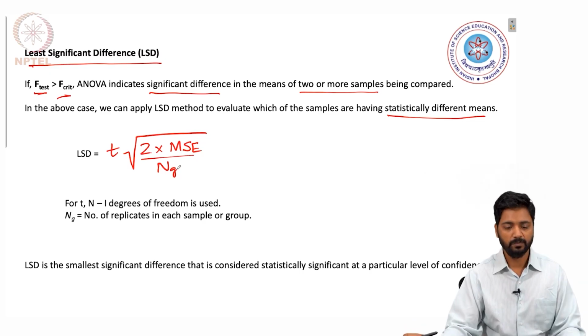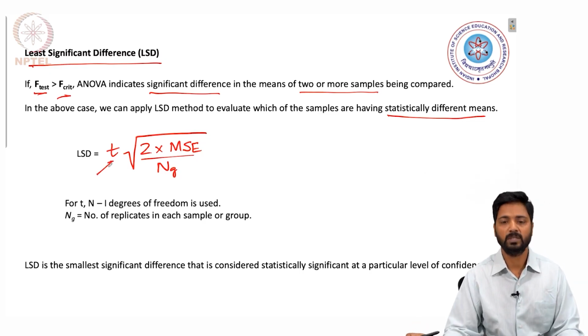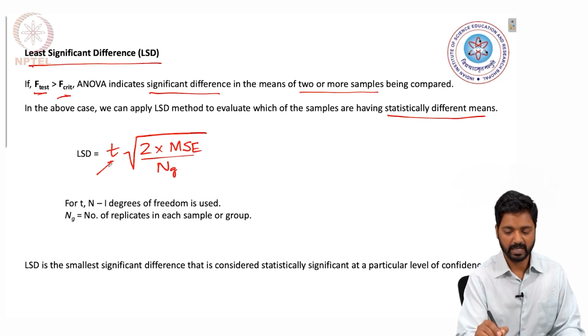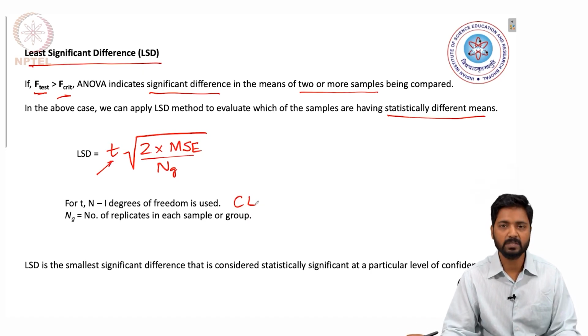We use the T table here to find out what the T value is, and for that we will utilize the confidence level, which is usually 95%, but can be 99% or 99.9%, based on the confidence with which we want to report our inference.